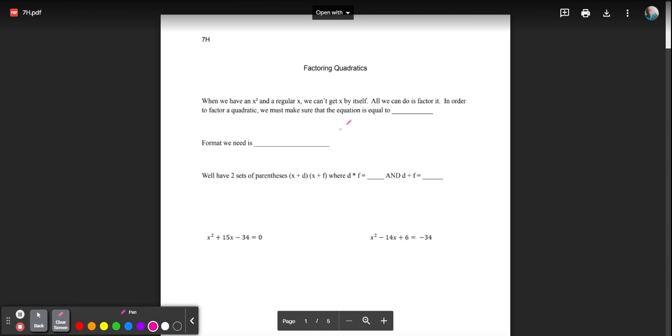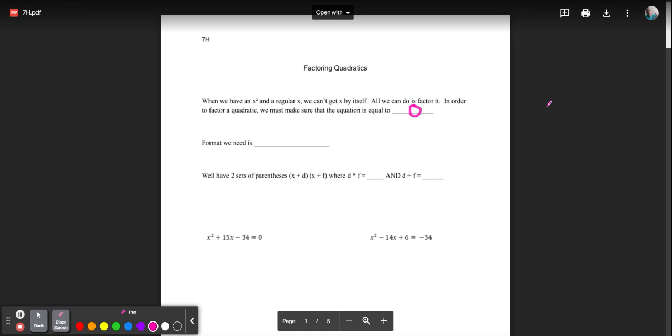So what we've got to do is take our quadratic equation and make it equal to 0. That's how we set the thing in motion to factor it.